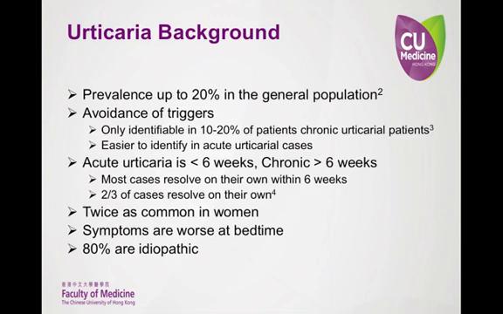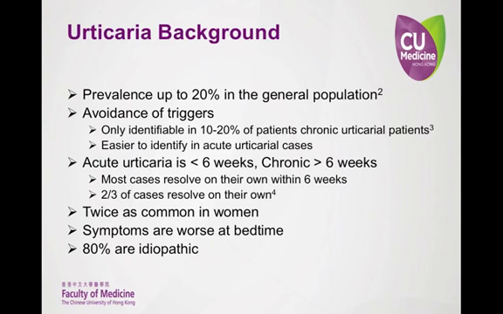Urticaria affects 20% of people at some point in their life. Avoidance of triggers is key to managing urticaria, but it is much harder to identify triggers in chronic urticaria. So, a thorough investigation should be done in patients with acute urticaria to minimize risk of progression to chronic urticaria.